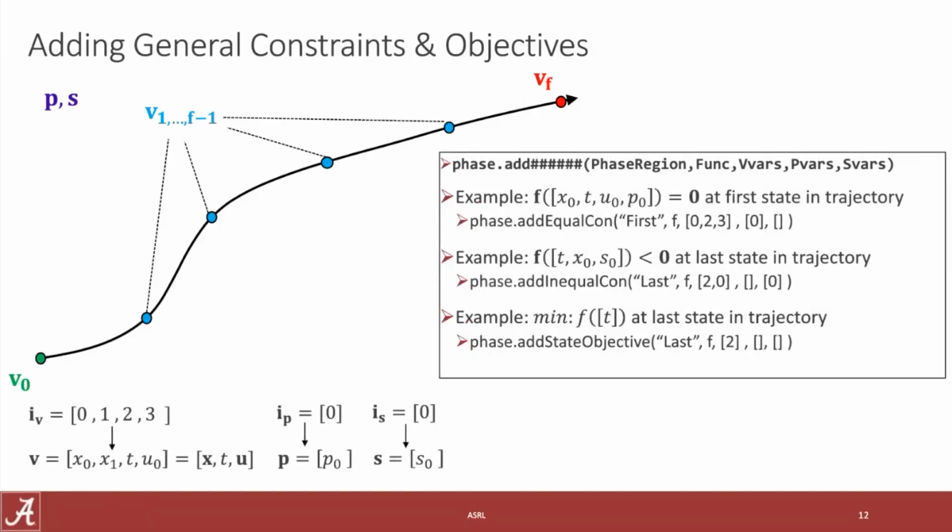So here are just real quick examples of actual syntax for adding equality cons, inequality cons, and state objectives to these different phase region flags. You've got some vector function evaluation you're passing in, and then you can pass from the vvars, which are your states, time, and control, as you can kind of see from this notation down here.